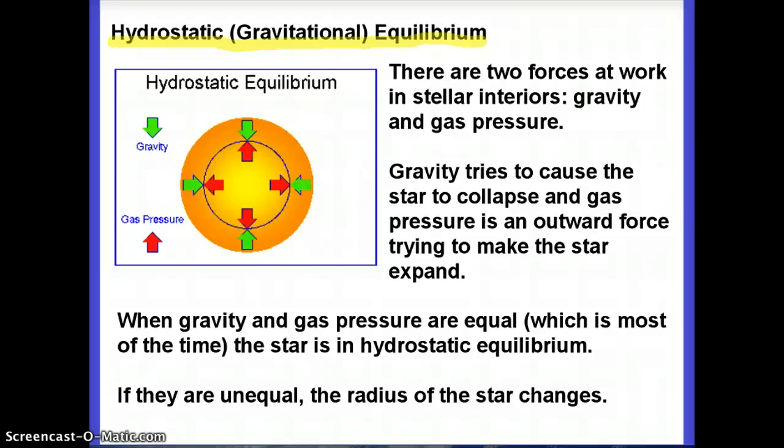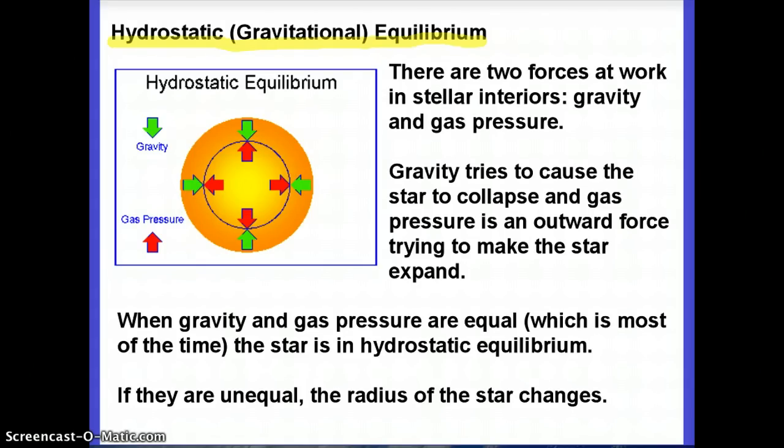So gas pressure that comes from the fact that the interior is ridiculously hot, that's what's going to balance the gravity. So gas pressure is trying to make it expand. Hot gases expand. You remember this from chemistry, that hot gases expand. So gas pressure is trying to make the star expand. Gravity is trying to make the star collapse.